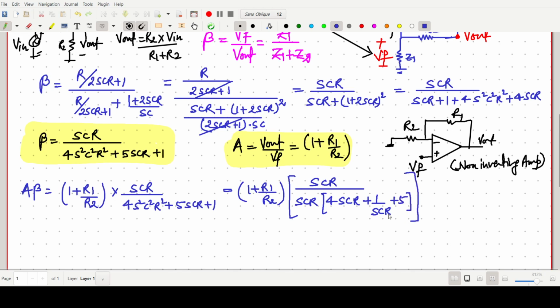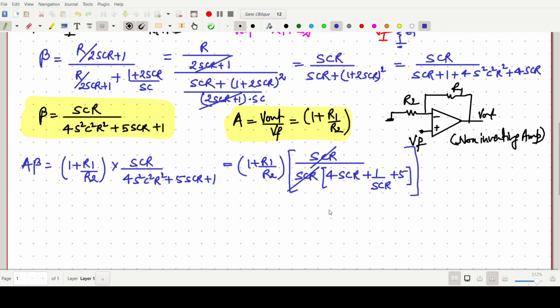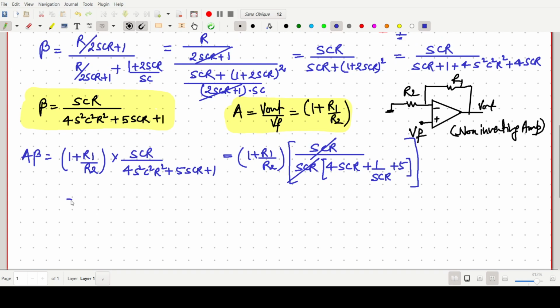So this and this will be cancelled out. Again I am writing 1 plus R1 by R2 into SCR. Now here we can put S equals j omega because we have to find the value of frequency.